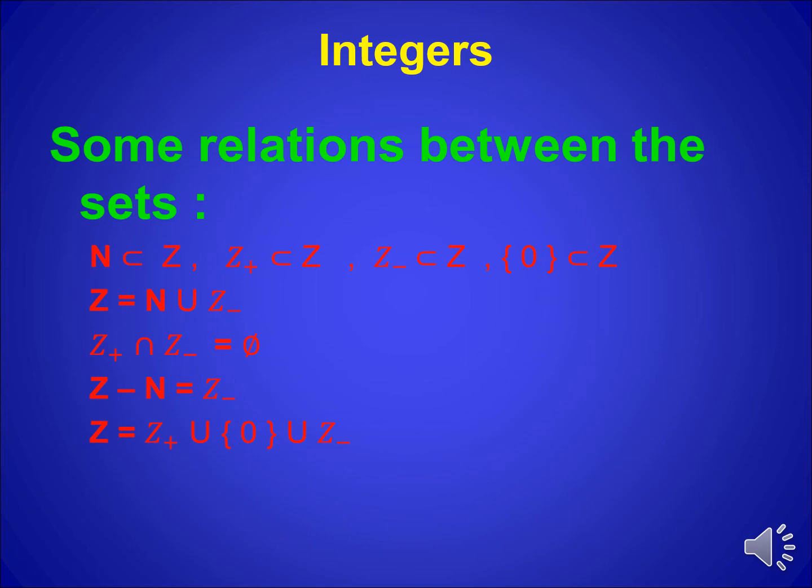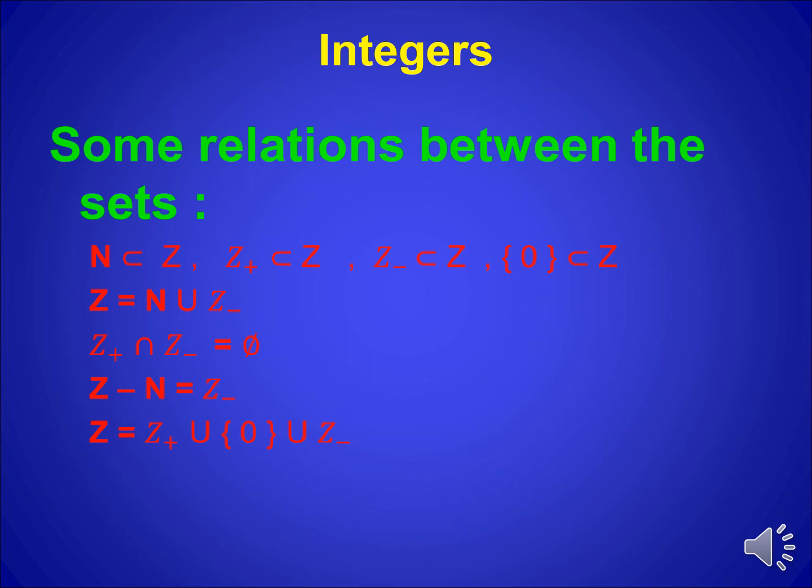Z positive is a subset of Z. Z positive means 1, 2, 3, 4, 5 to positive infinity. This is a subset of Z. Z negative is a subset of Z. What's the meaning of Z negative? Negative 1, negative 2, negative 3 to negative infinity. The set containing 0 is a subset of Z.